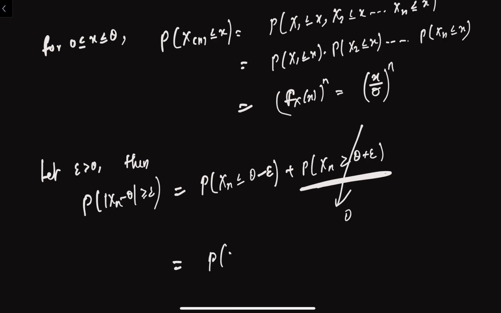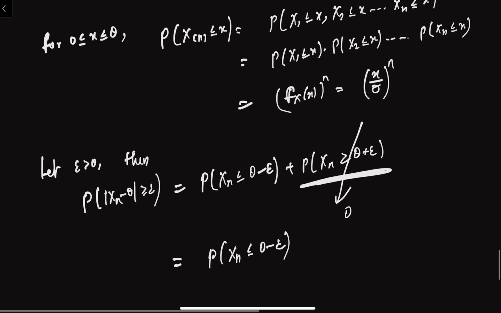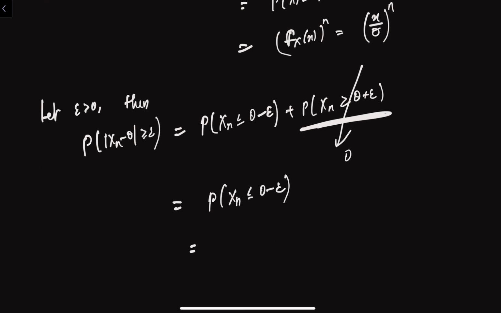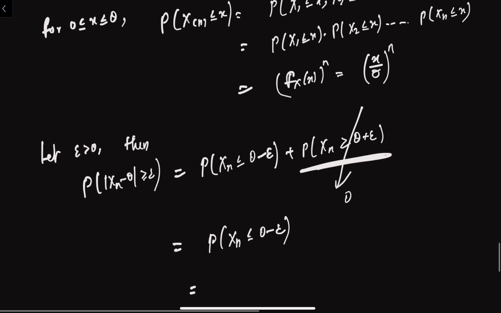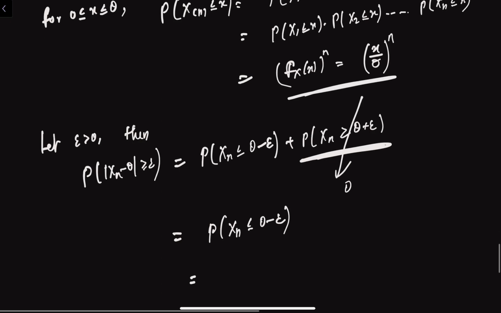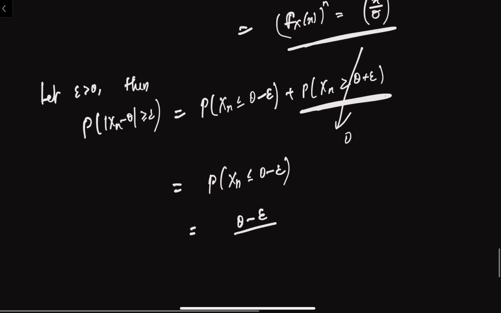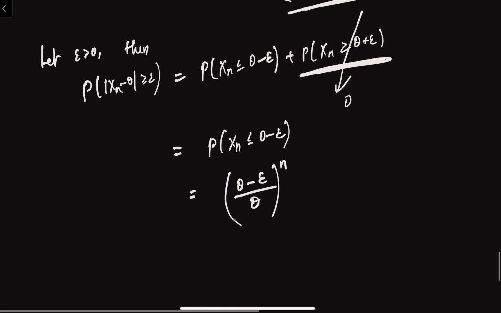So this is the probability of Xn less than or equal to theta minus epsilon, and we just found the CDF function, which is x by theta whole to the power of n. So that is theta minus epsilon by theta whole to the power of n.